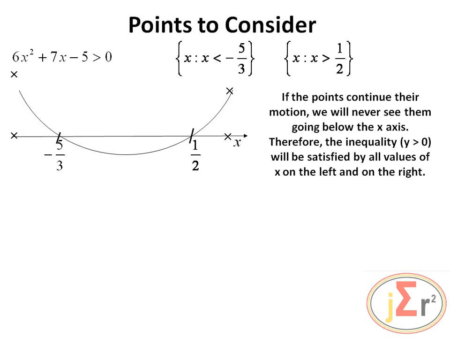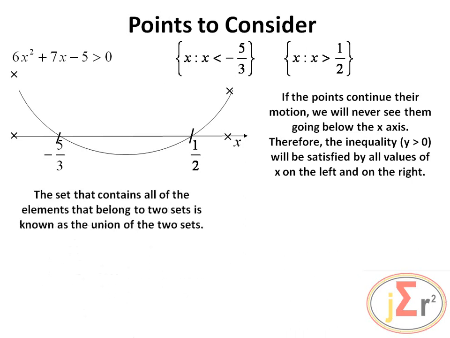Therefore, all values that are less than negative 5 over 3 and all values that are greater than a half are involved. Right. So, all values of x are involved. All of those that are to the right and all of those that are to the left are involved.